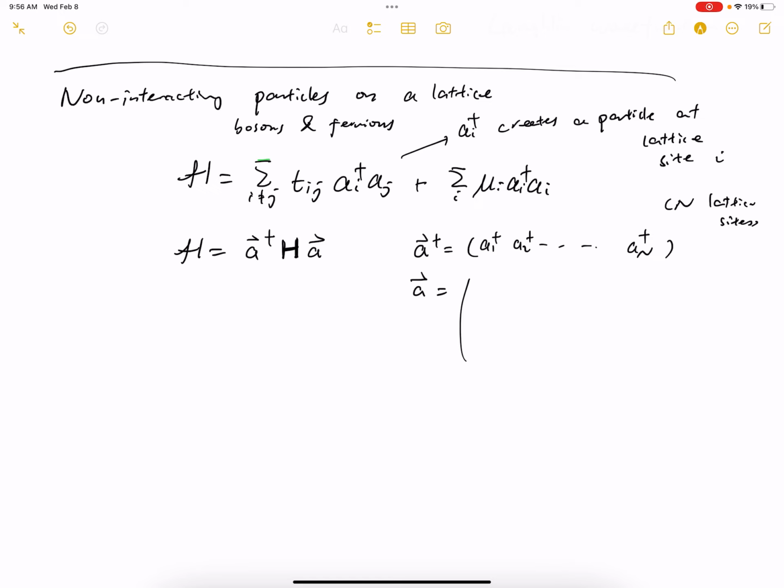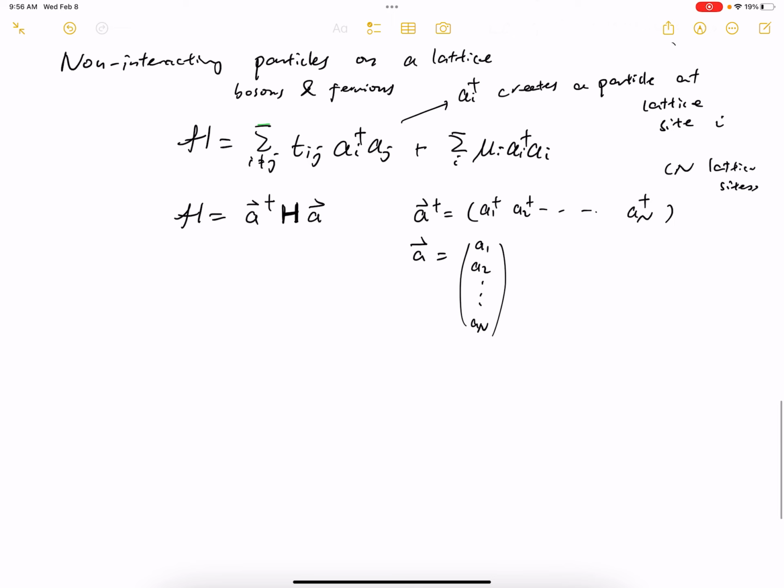Since this is a row vector, when you do Hermitian conjugate, the row vector becomes a column vector. So this becomes a1, a2, all the way to an. It's just a column vector made of these a's. So these row and column vectors have nothing to do with the matrix representation of the operators. This is just a convenient way I write this Hamiltonian, the sum here.